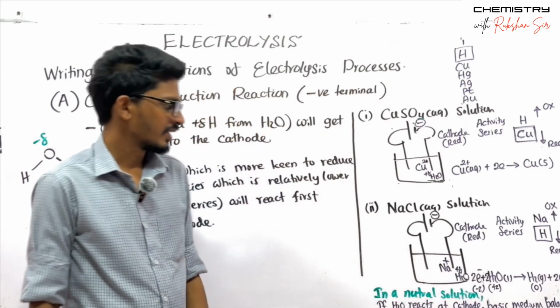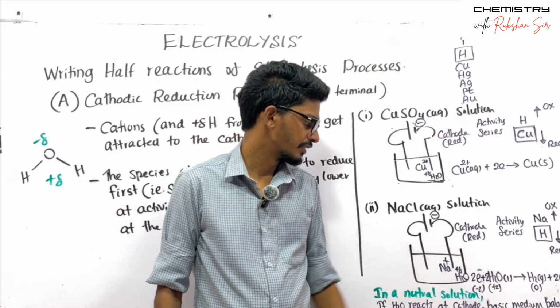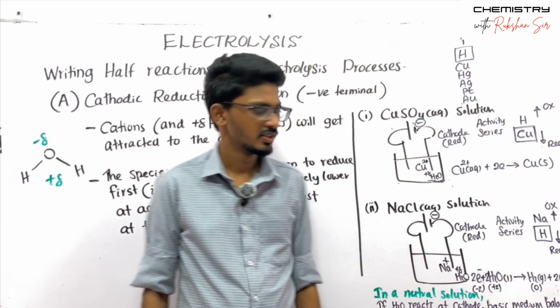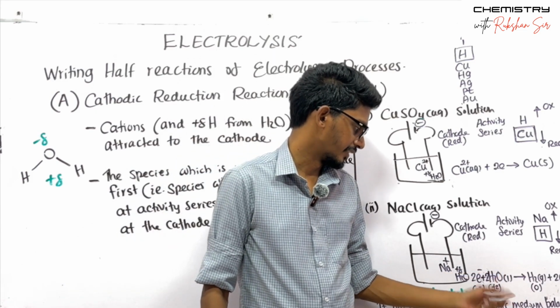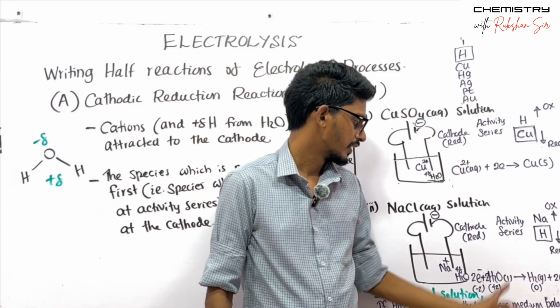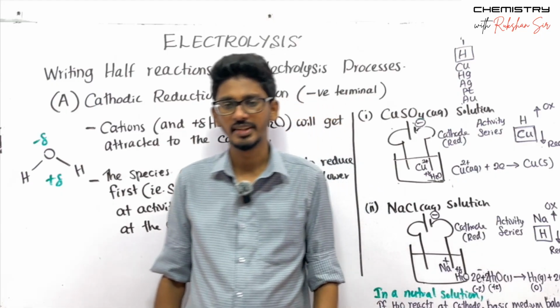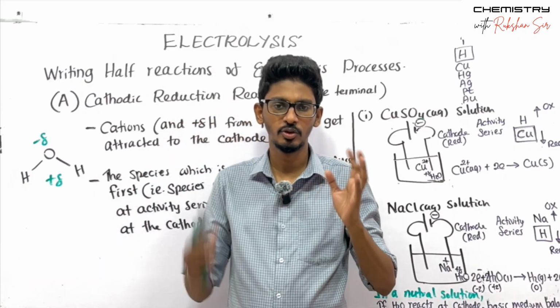No need to memorize these equations. This is simple redox balancing, simple half reaction balancing. So if water is to get reduced, only the hydrogen is the one which approaches the arrow. Hydrogen should be the one to get reduced. Oxygen in water is in its lowest oxidation state, -2.